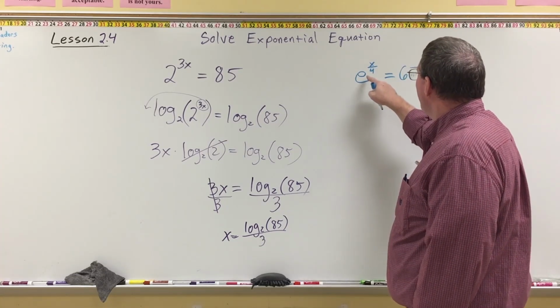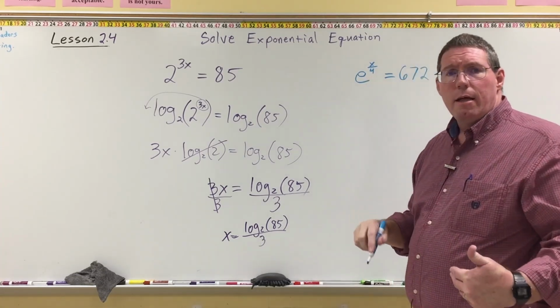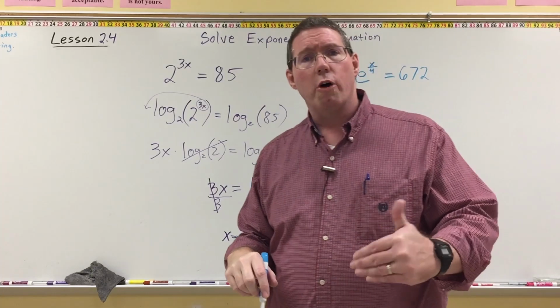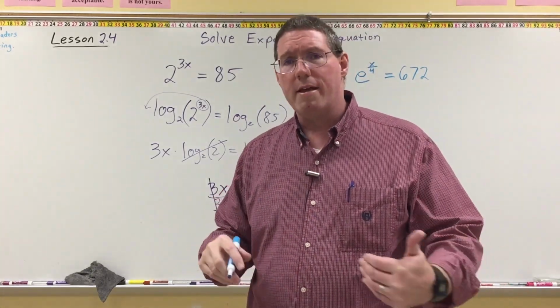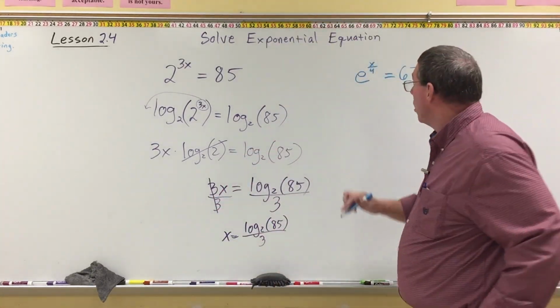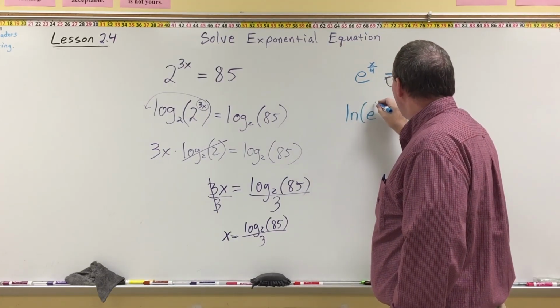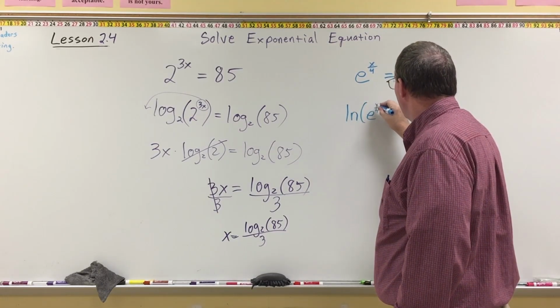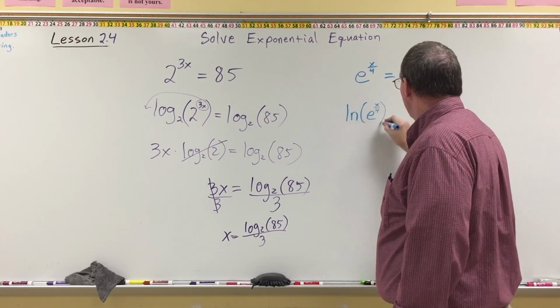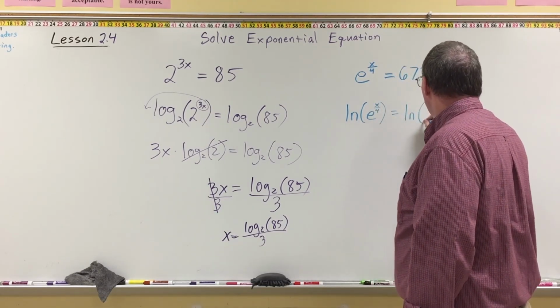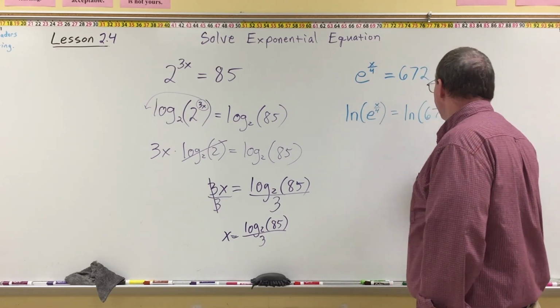So here, we want to cancel a base of e, so we need log base e, but we also know log base e is natural log. So we do natural log of e to the power of x over 4 equals the natural log of 672.